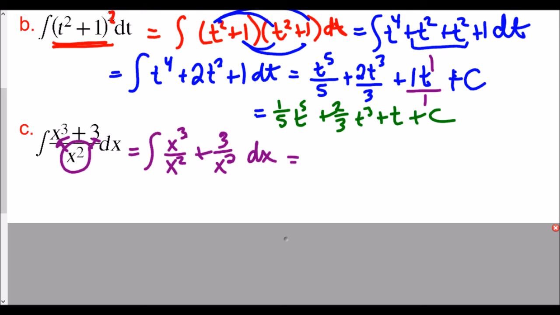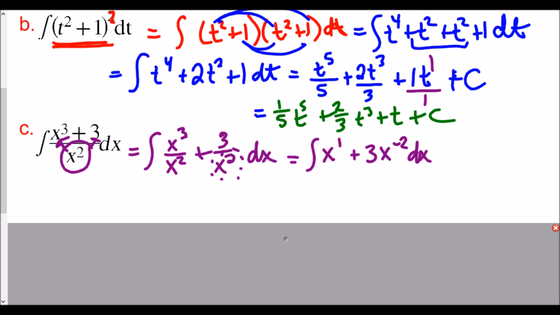And so x cubed divided by x squared, we subtract those exponents, and it's just x to the 1st. And then this one doesn't have any x's in the top, so it's just 3 is our number, so we need a 3 out front. We move this x squared to the top, we make it negative, x to the -2 dx.